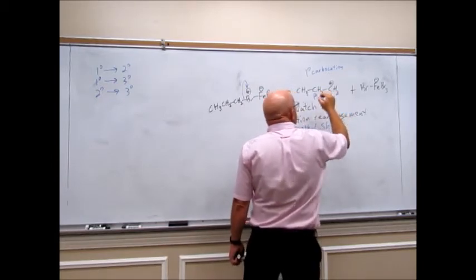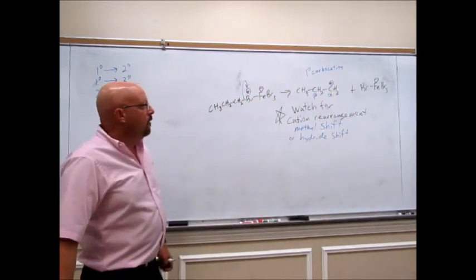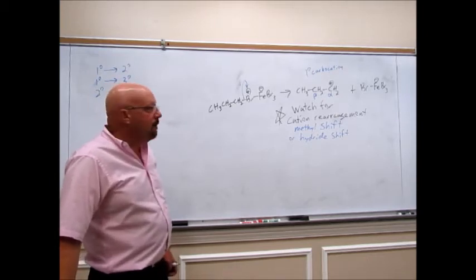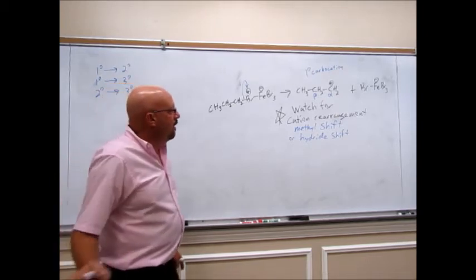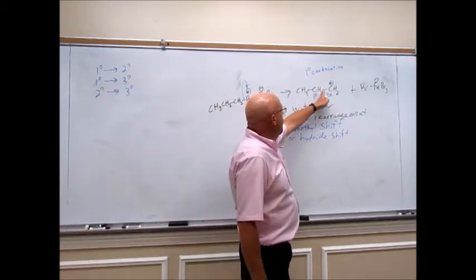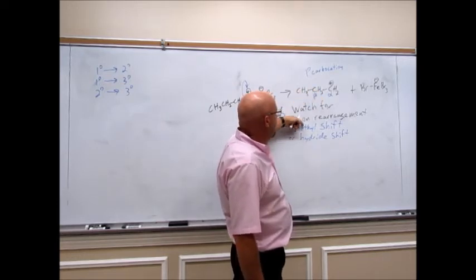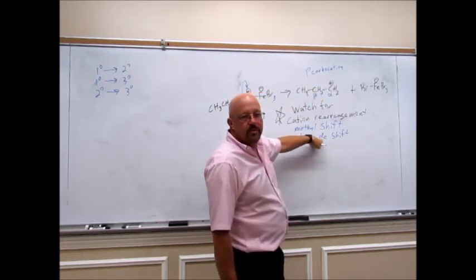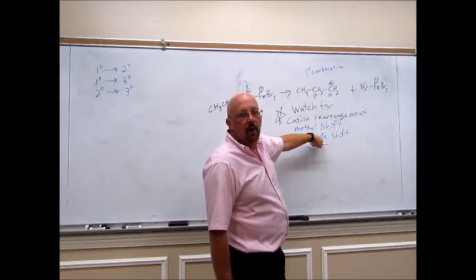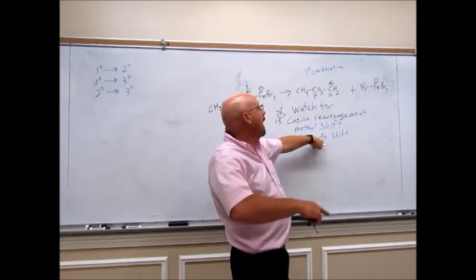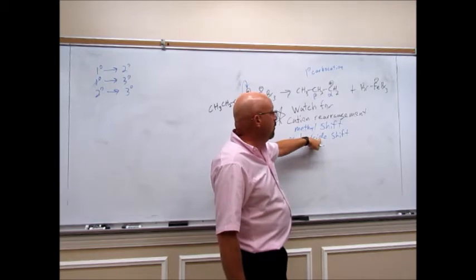The next one out is beta. So we need to shift something from the beta position. That beta carbon has hydrogens on it and it has a methyl group, so which one do I do? Well, you always do hydride first because it's a smaller group, easier to move. You only do methyl if you don't have any other option. If there were all methyls, then I would have to do a methyl shift. But we're going to do hydride first.